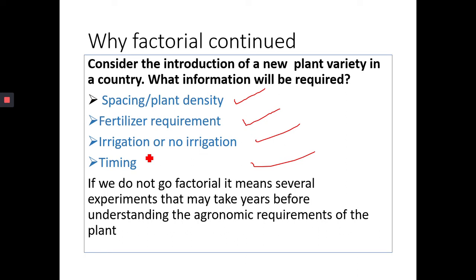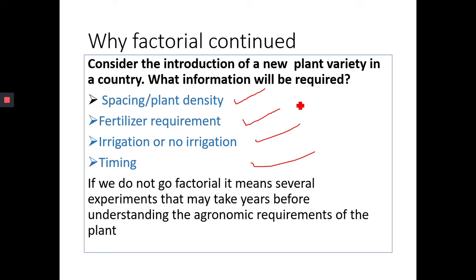So if we are to introduce a new variety and we want to avoid factorial, what it simply means is that you need to investigate spacing. You know, spacing is defined by in-row and inter-row, so you may have to define a couple of spacing dimensions. You lay down an experiment, maybe for 2020, investigating the spacing requirement for that particular variety, then you get your results.